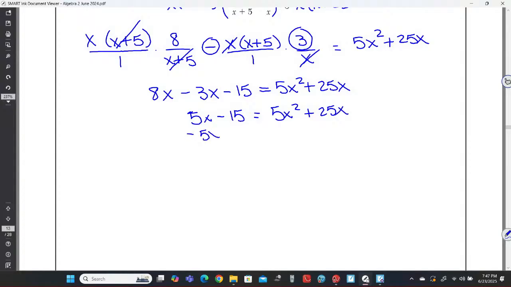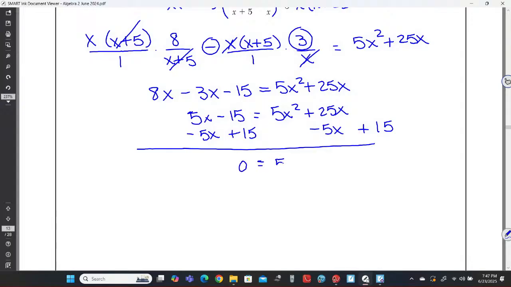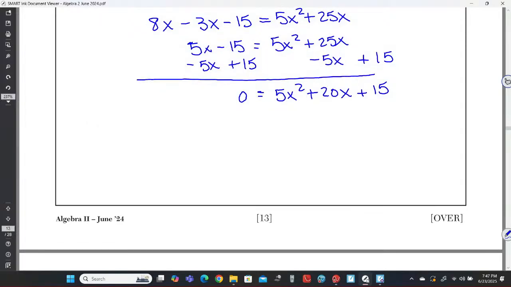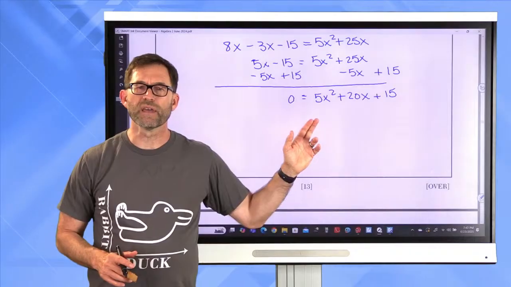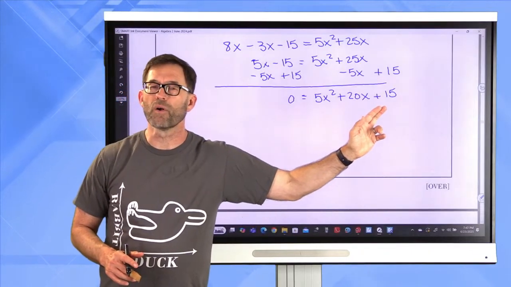So I'll subtract a 5x from both sides, and I'll add a 15 to both sides. And finally, I have everything equal to 0. 0 equals 5x squared plus 20x plus 15. Now, you could definitely use the quadratic formula to solve this, but notice that there's a common factor of 5 in all of these things.